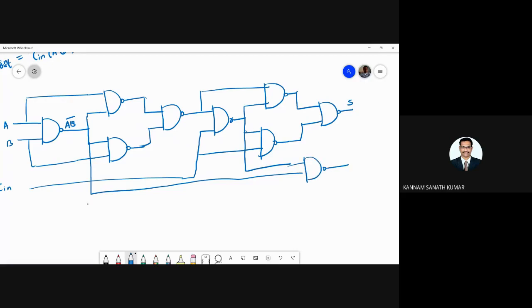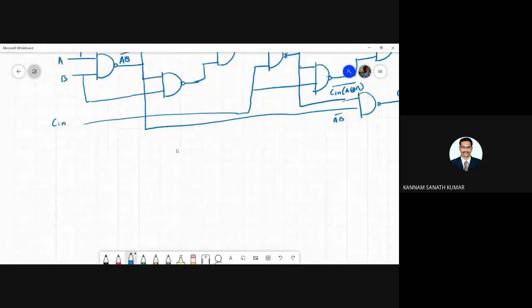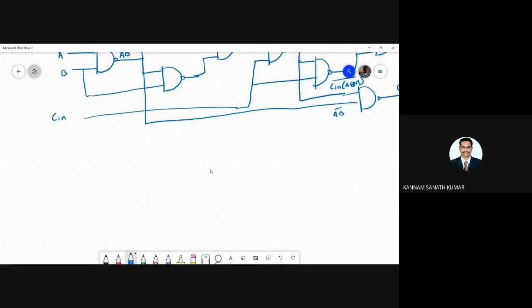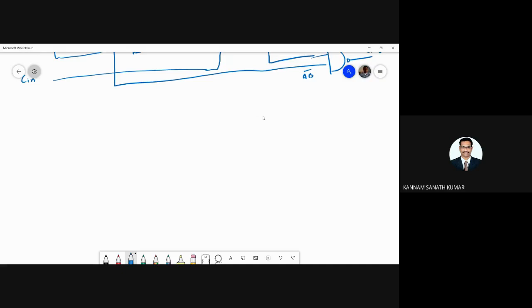Here the output expression is Cin into A XOR B whole bar, and this is the AB bar. So you are getting C out. C out equal to Cin into A XOR B whole bar plus AB bar. So like this, you need to realize by using the NAND logic.